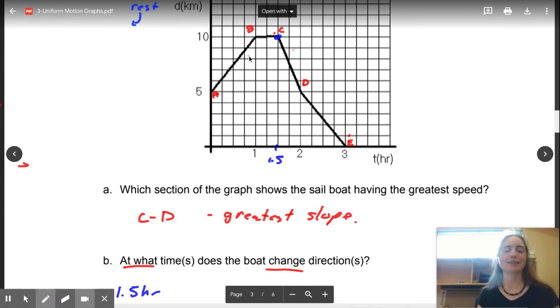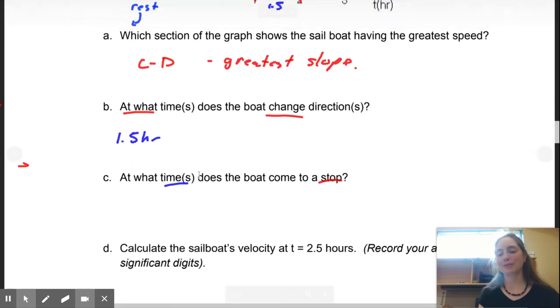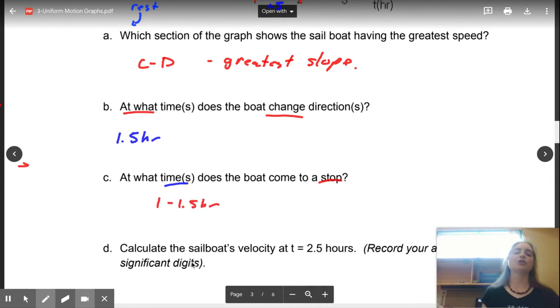So that is at rest. So that is from B to C. So that is from 1 to 2. Oh, not 1 to 2. 1 to 1.5 hours. As the question says, from what times? All right. So 1 to 1.5 hours, where that graph is flatlining.